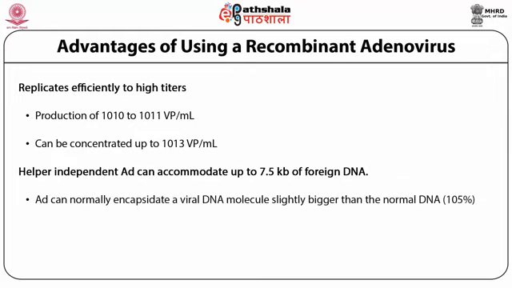Adenoviruses can normally encapsulate a viral DNA molecule slightly bigger than the normal DNA, meaning 105%. The packaging efficiency is 105%, more than 100%, which provides additional cloning space for the foreign genes. So this is a very good property of the virus.